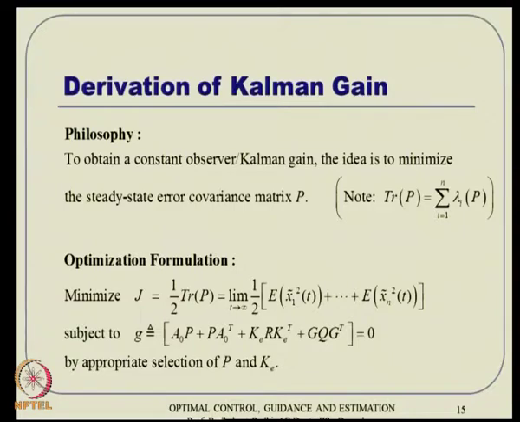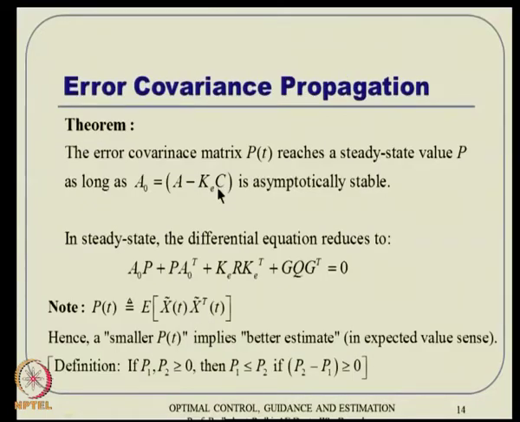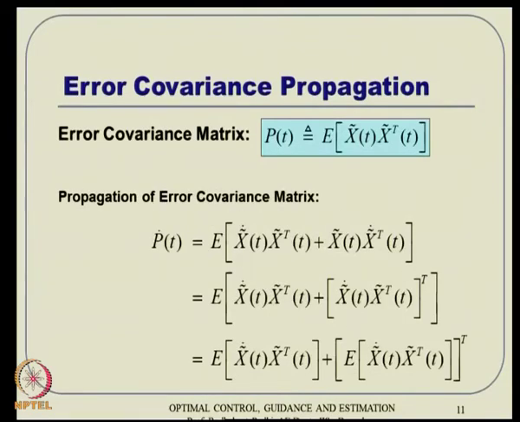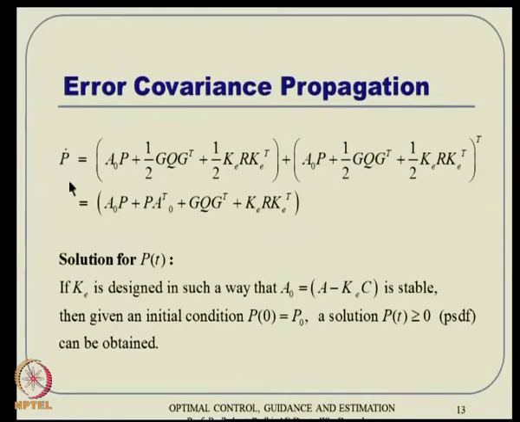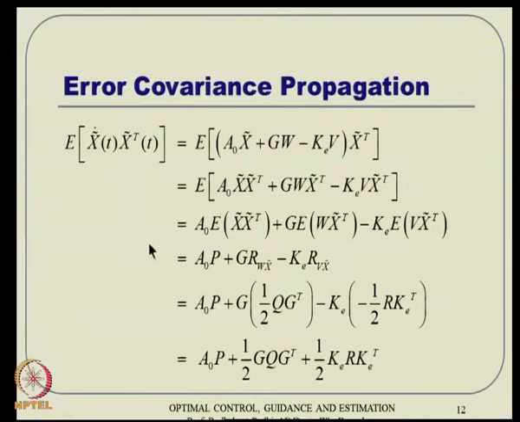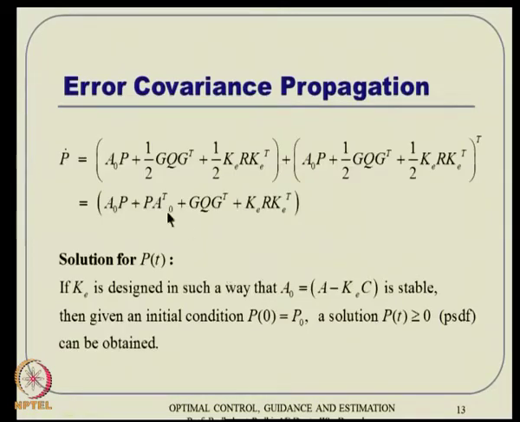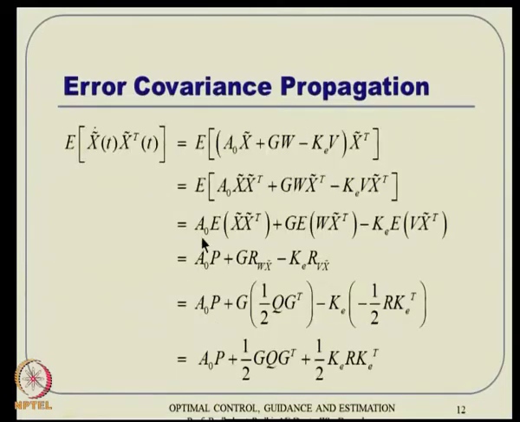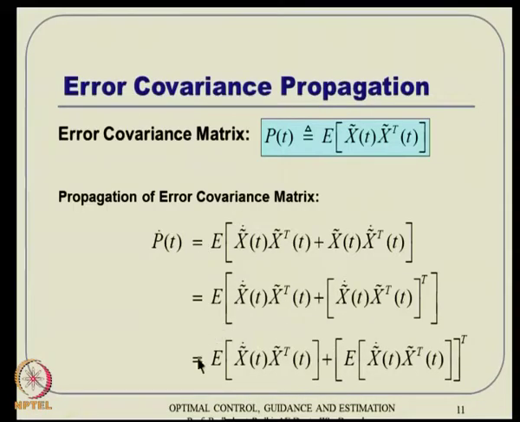Now here is a point where you can go ahead and try to derive the Kalman filter. So far so good. Our aim was to get P dot, some sort of error covariance matrix propagation dynamics, and P dot turns out to be something like this plus the same value whole transpose.